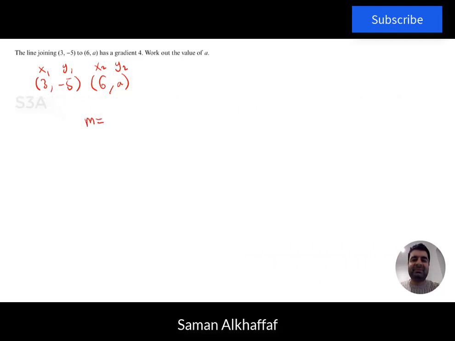So we have m equals y2 minus y1 over x2 minus x1. We know the gradient is 4, we know y2 is a minus minus 5, and we also know x2 is 6 take away 3.